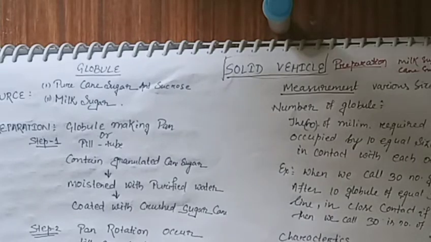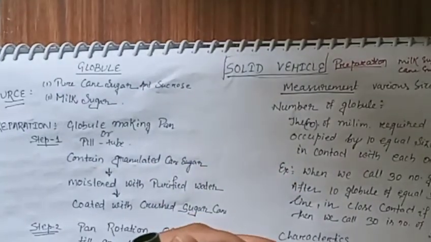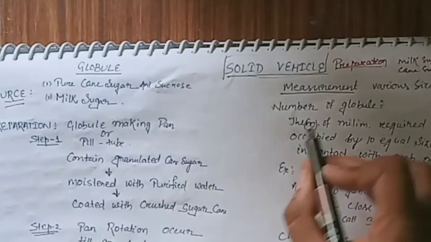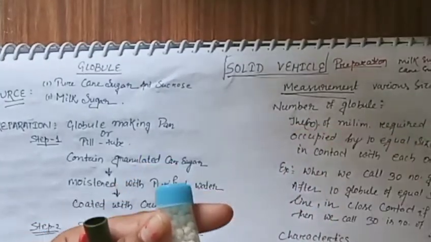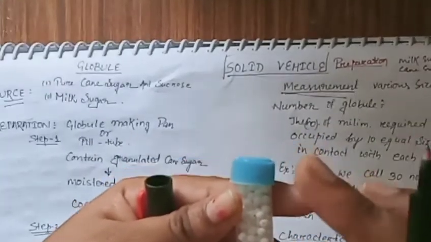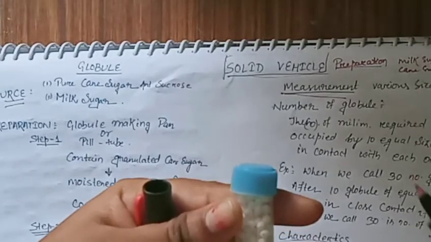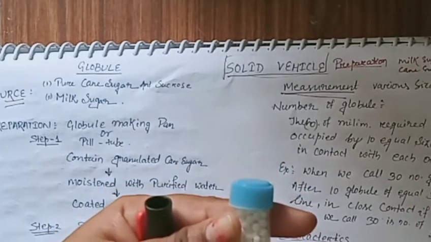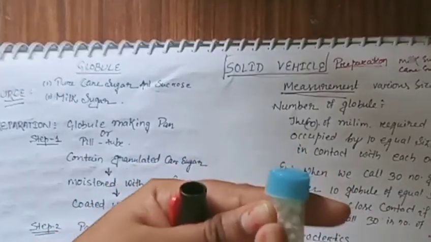Our objective is to learn about globules: where they are formed, that is, what is the source; how they are prepared; how we measure whether a globule will be 20 or 30 or 15, that is the measurement; and what the characteristics of solid globules should be, which properties a substance should have so that we can define it as a globule.